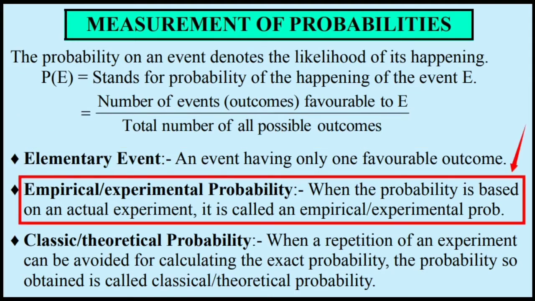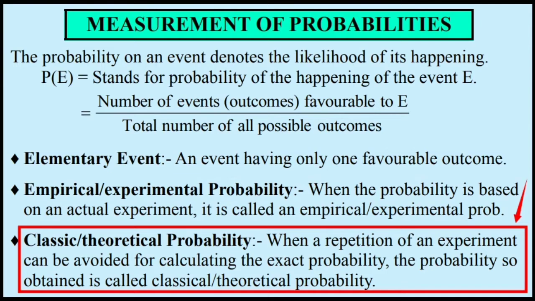The next one is empirical or experimental probability. When the probability is based on an actual experiment, then it is called an empirical probability or experimental probability. The next one is classical probability or theoretical probability.